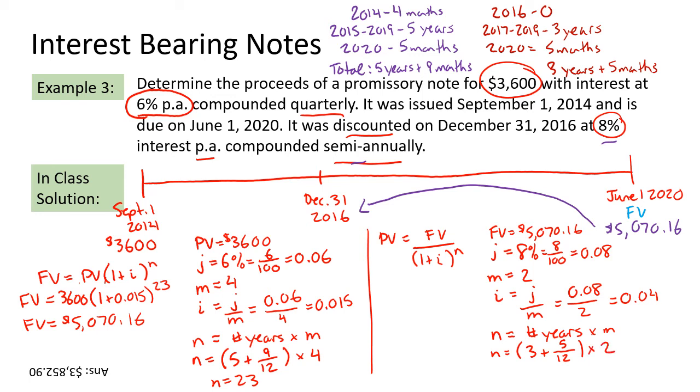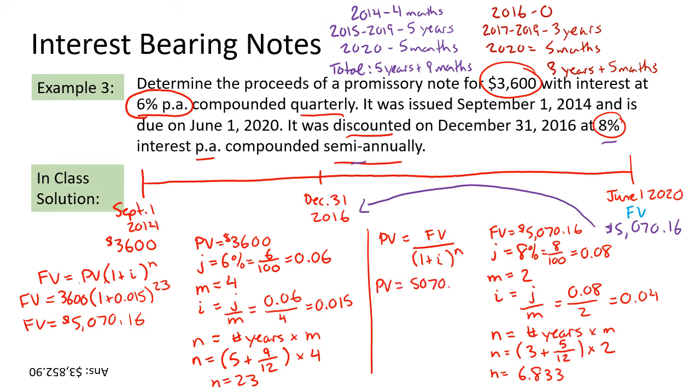If you multiply these together, you have 6.833 compounding periods. It's not a round number, and that's okay.